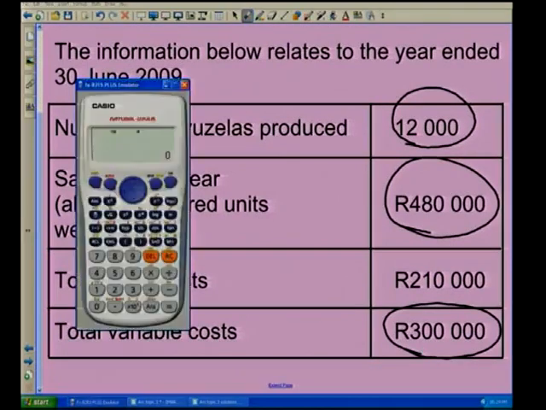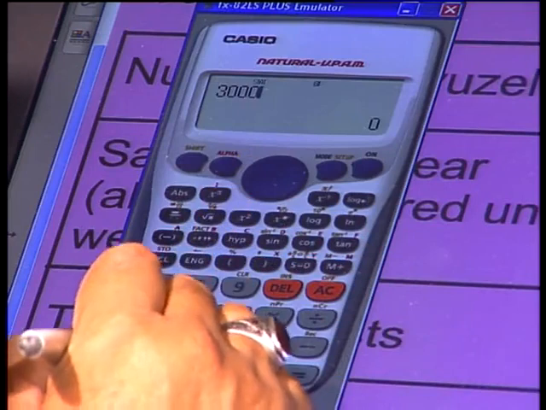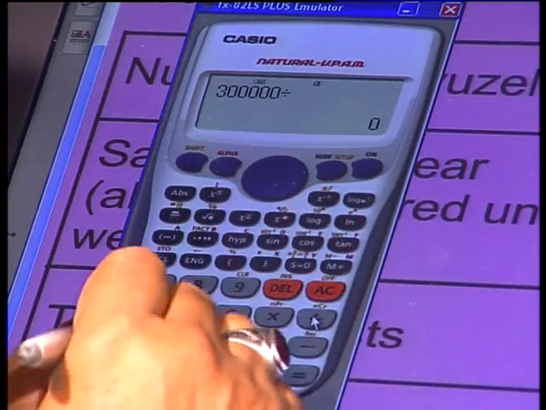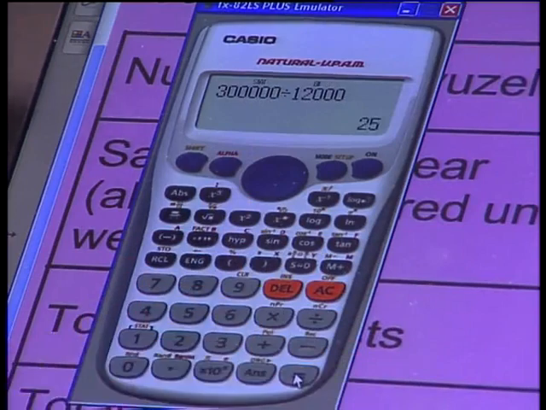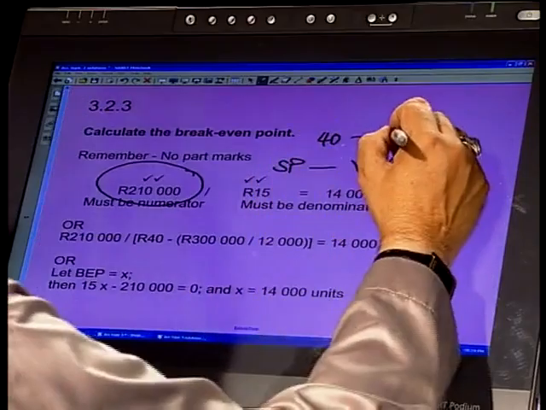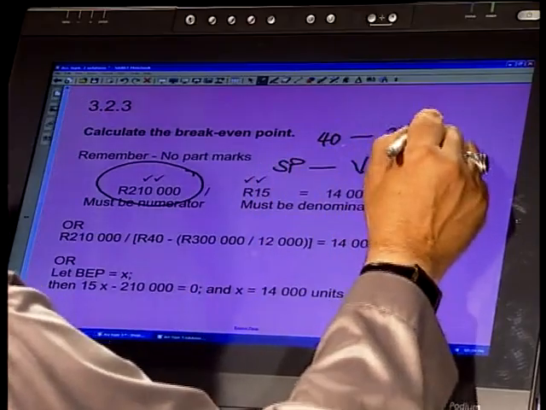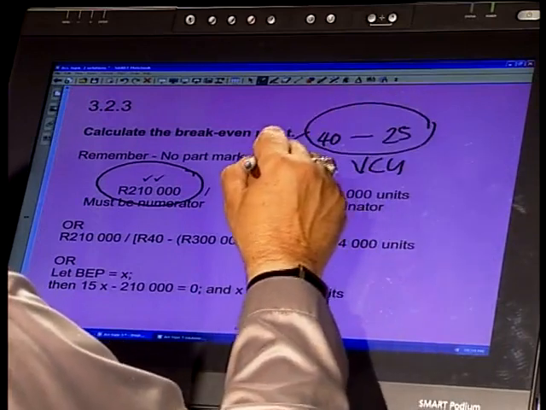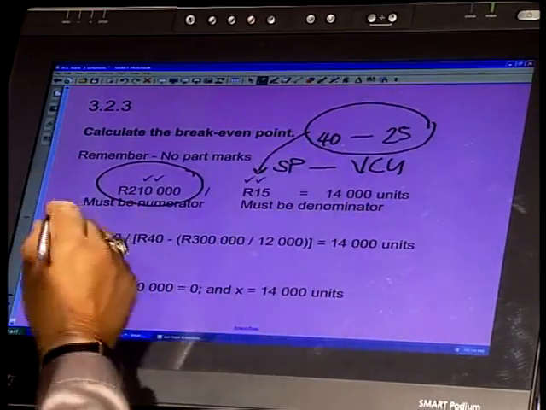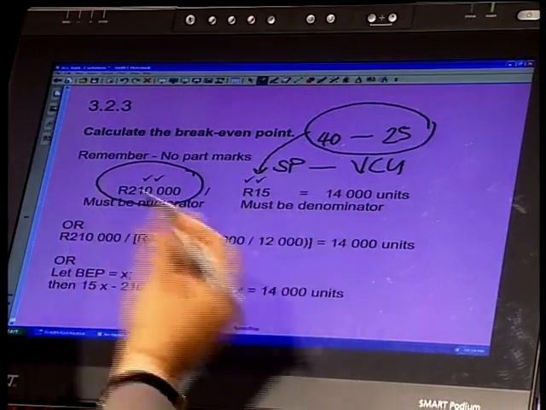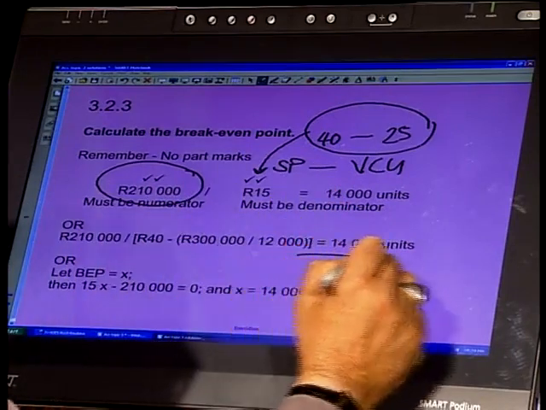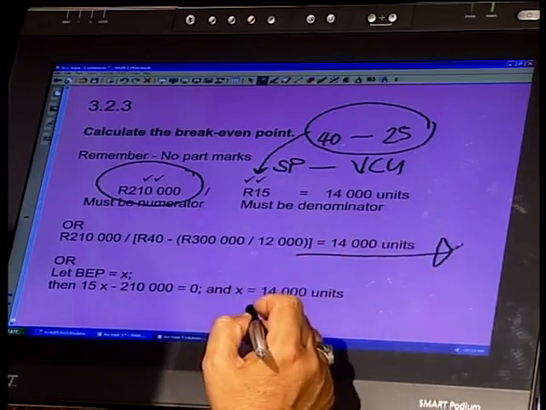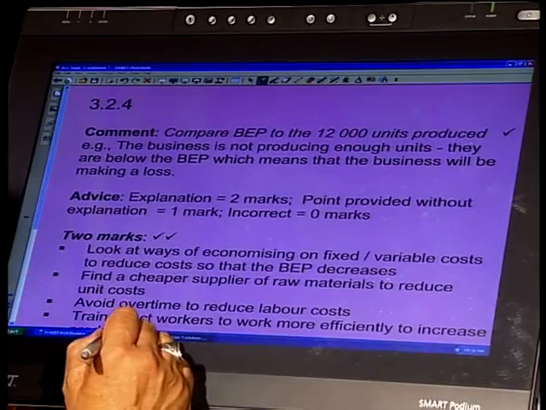Let's take my variable cost, 300,000 divided by 12,000, which is equal to 25. So therefore, 40 minus 25, this explains to you where the 15 comes from. Okay, do your calculation and you end off with an answer of 14,000 units.